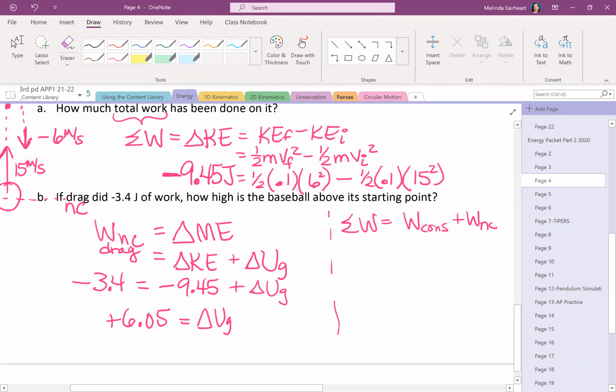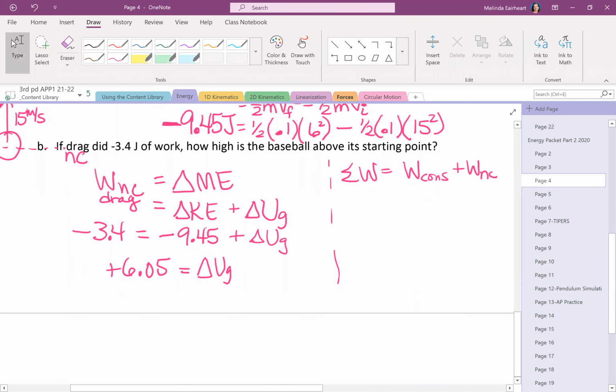Now that's not our final answer. This is our energy, joules. They want to know how high. And so our equation for gravitational potential energy is what? M times G times that change in height.